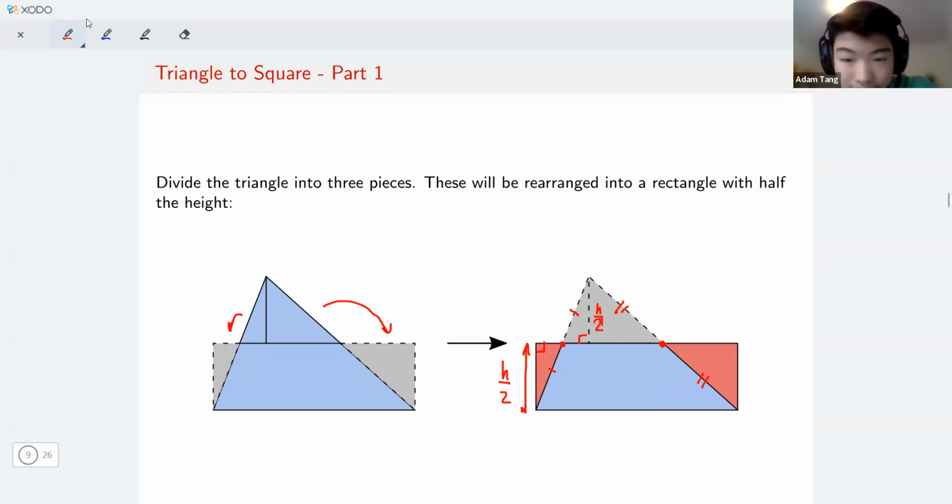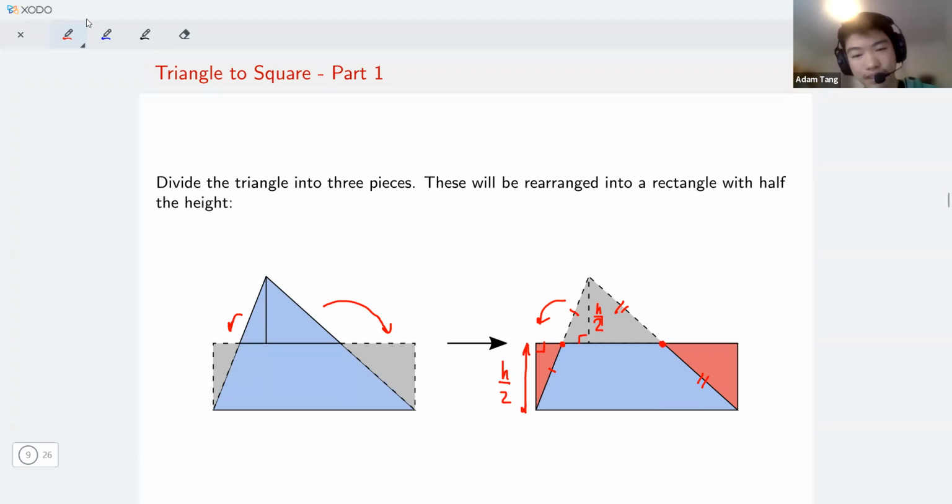So we can put one here, rotate it 180 degrees, and plop it there. Now we end up with a rectangle, which is close, but not exactly what we wanted, because we want a square.